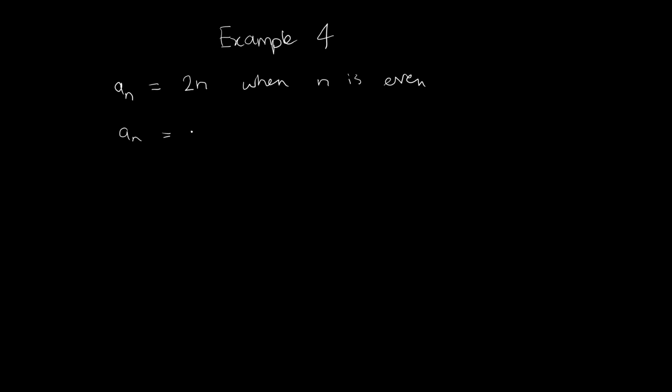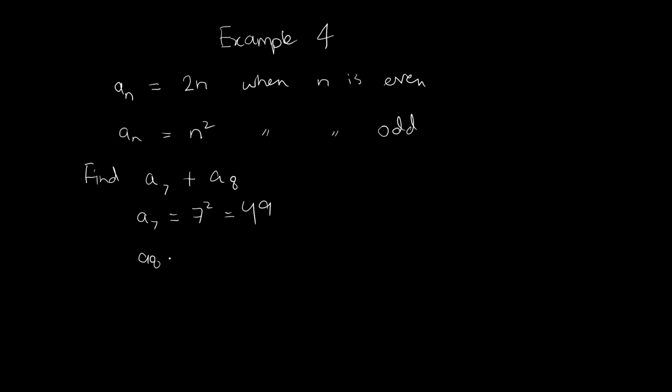And it's n squared when n is odd. Now, in this case, we have different values for even and odd. So for a_7, since n is odd, we can use the second formula and hence the answer would be 49.